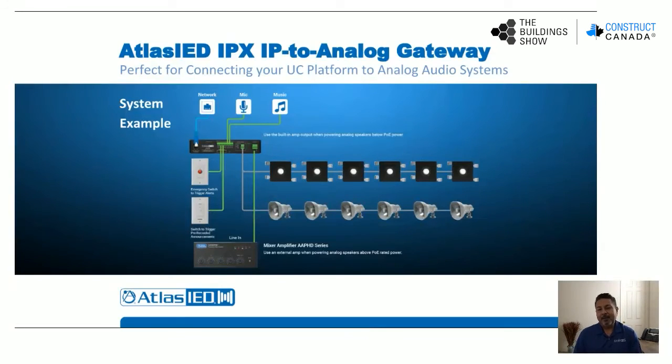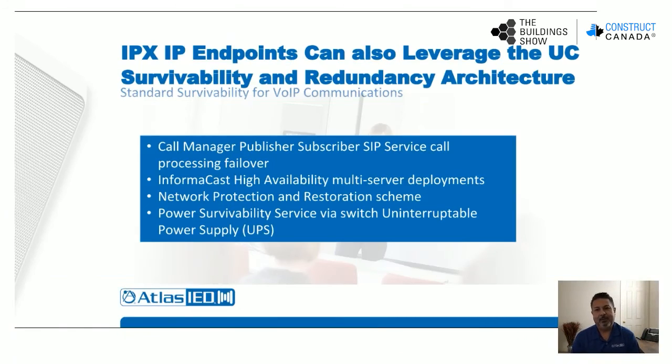So finally, once these types of presentations are provided to a client, one of the last questions that comes up is, what about the survivability of the system? That's a very good question. Since the IP endpoints were developed to work in a unified communication ecosystem, odds are the network has already been configured for some type of survivability or redundancy architecture.